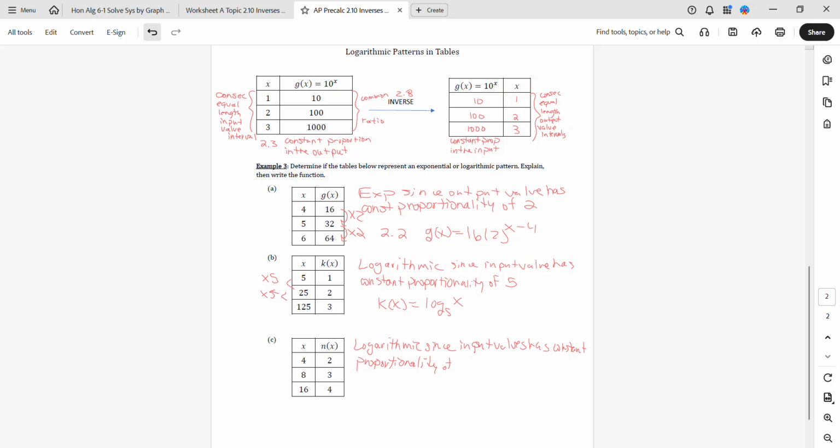Good. So n of x, I know that we don't have the value for 1 here, but n of x is log base 2 of x.